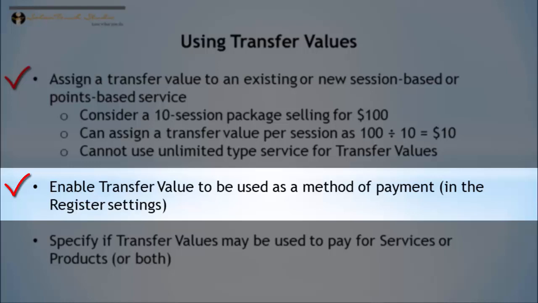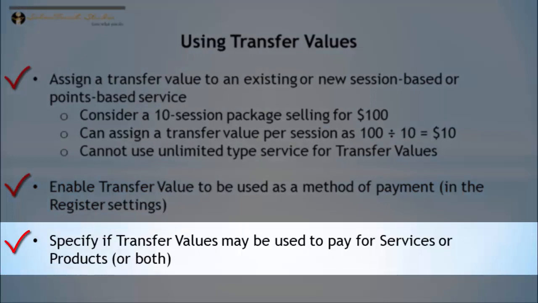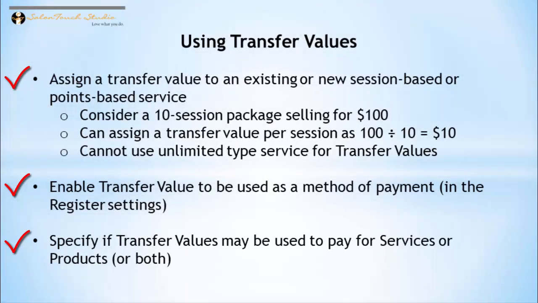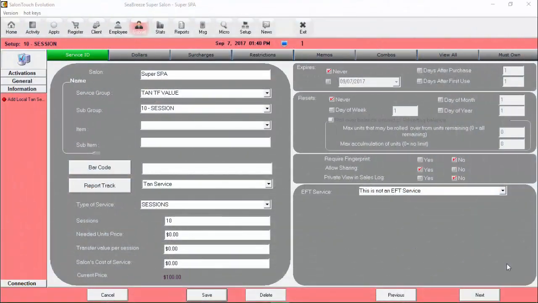And the third thing you do is to specify which services or products are eligible to be used for transfer value payments. Once we have done these three things, we can now go to the register, sell a new service, and then use the transfer value as a method of payment to pay for that new service or a portion of the new service. So let's go ahead and set this up.